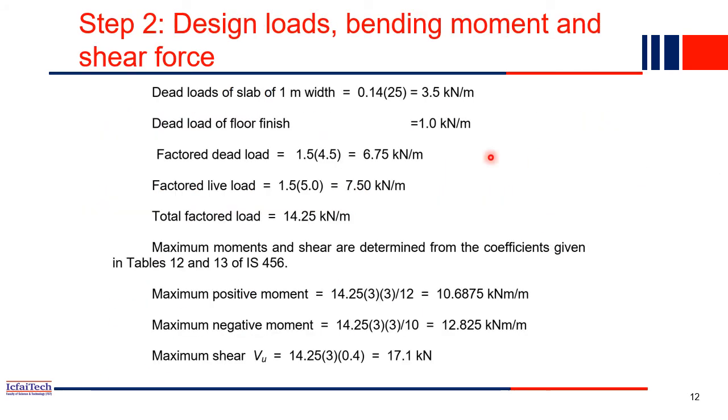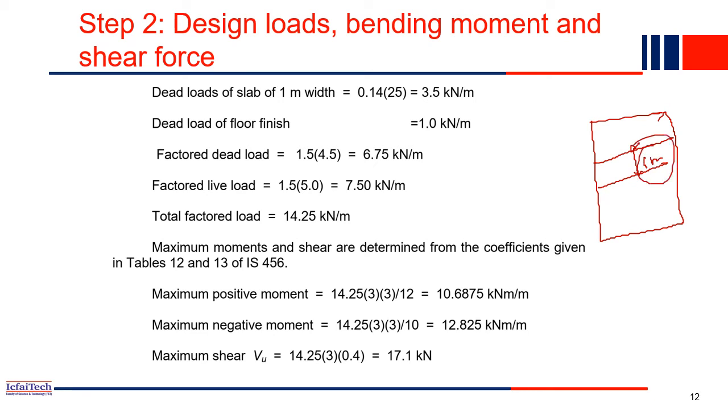Now step 2 is design load calculation: load, bending moment and shear force have to be computed. First, the design dead load of the slab for 1 meter width, because as I mentioned, a one way slab is nothing but a beam design. The only difference is that you consider the width of the beam as 1 meter.